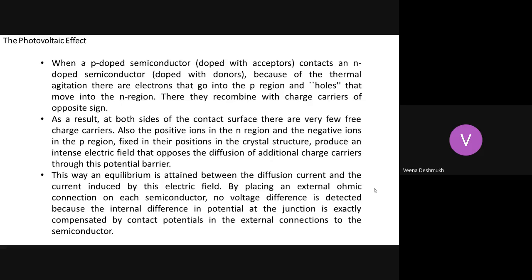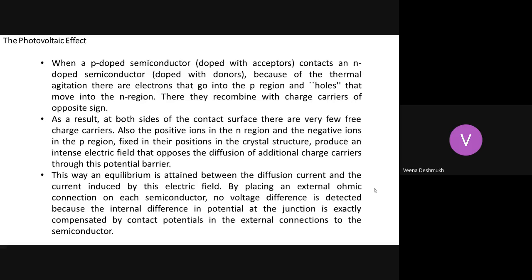So when a sufficient number of charge carriers are present, that is more or less an equal number on either side, this produces an equilibrium state. So this way an equilibrium is attained between the diffusion current and the current induced by the electric field.